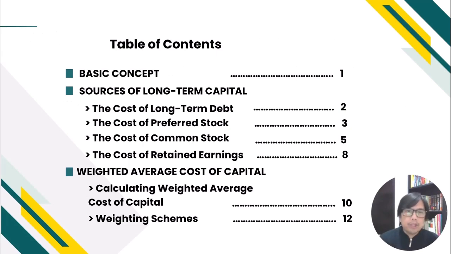In this chapter, I will be discussing the basic concept, the cost of long-term debt, the cost of preferred stock, and calculating the weighted average cost of capital. And my teammate, Miss Luisa, will be discussing the cost of common stock, the cost of retained earnings, and weighting schemes.